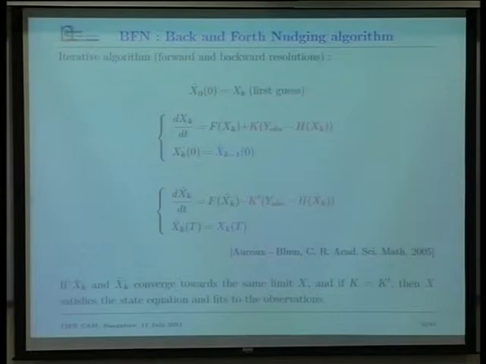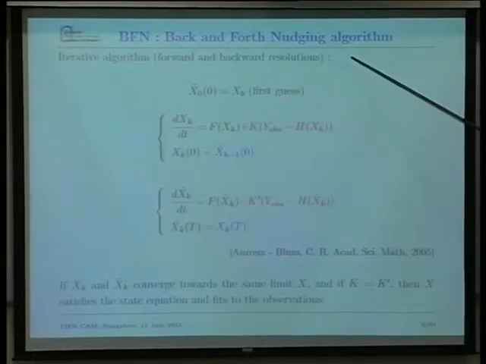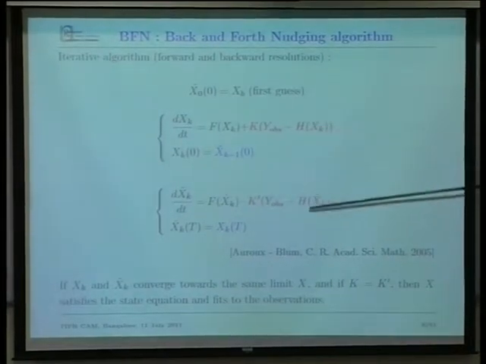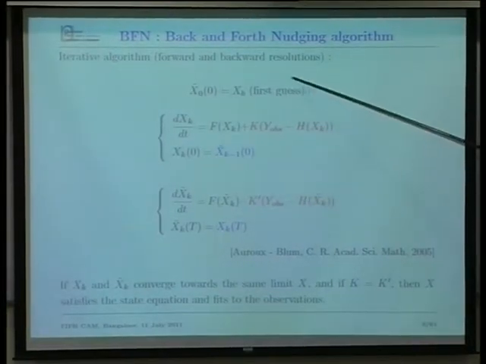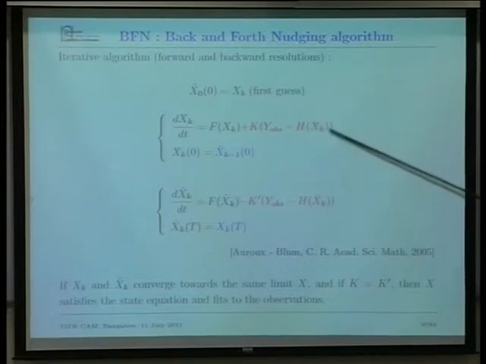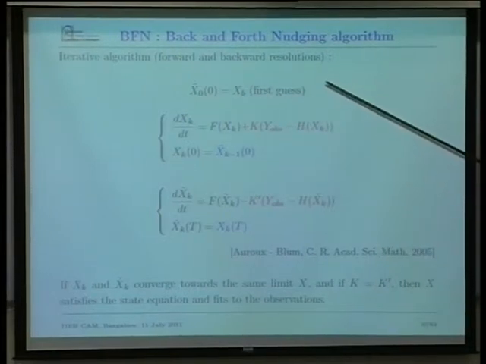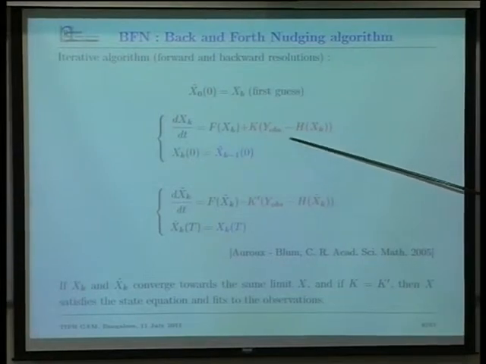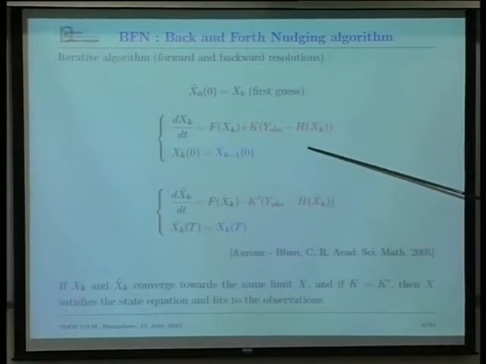Then we can iterate, because we are back to the initial condition, so we can solve again the forward model with nudging. So this is the back and forth nudging. You iterate forward and backward resolutions. You start with a first guess of the initial condition, for instance the background state. Then you solve the forward model with the feedback to the observations.